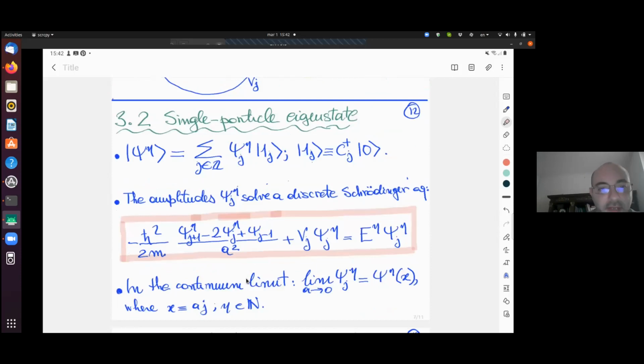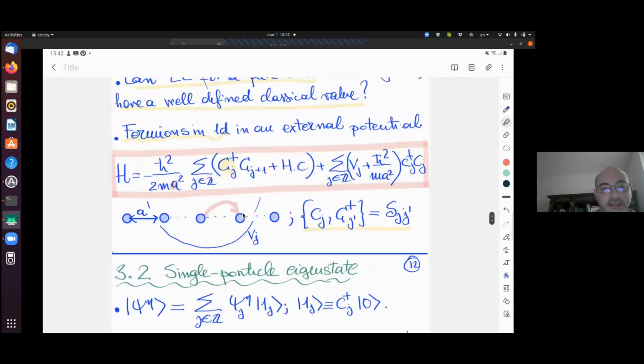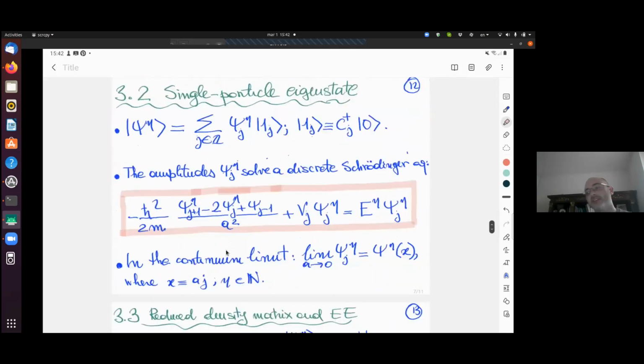I will calculate the entanglement entropy of a single particle state. This is really the example of the harmonic oscillator which I showed you before, but viewed in a more general setting. So we take a state psi eta, which contains just one particle.